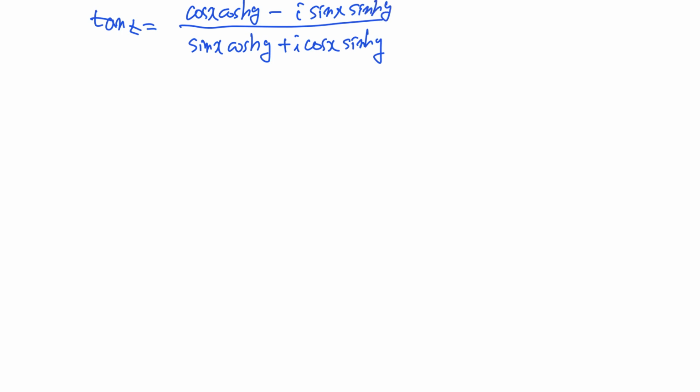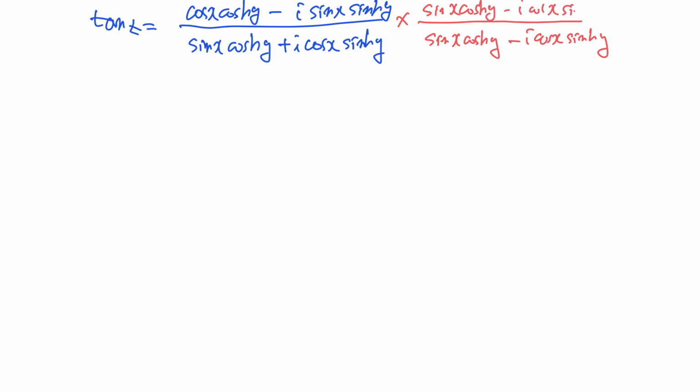And we know if we multiply the complex conjugate together, the denominator is easy, right? We already know the answer. The square of the real part plus the square of the imaginary part.